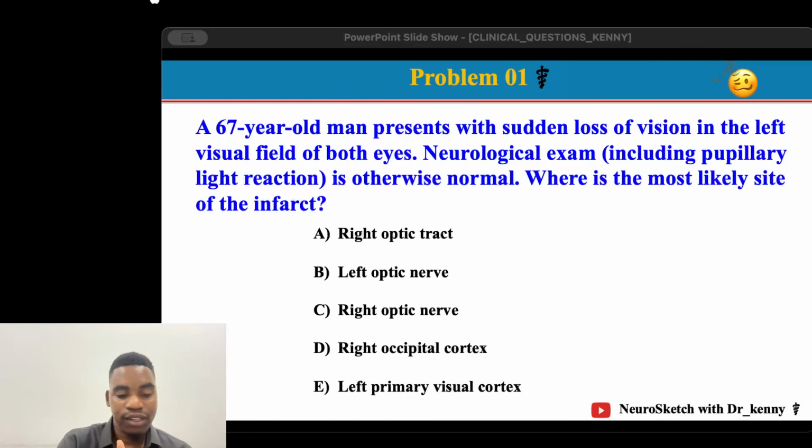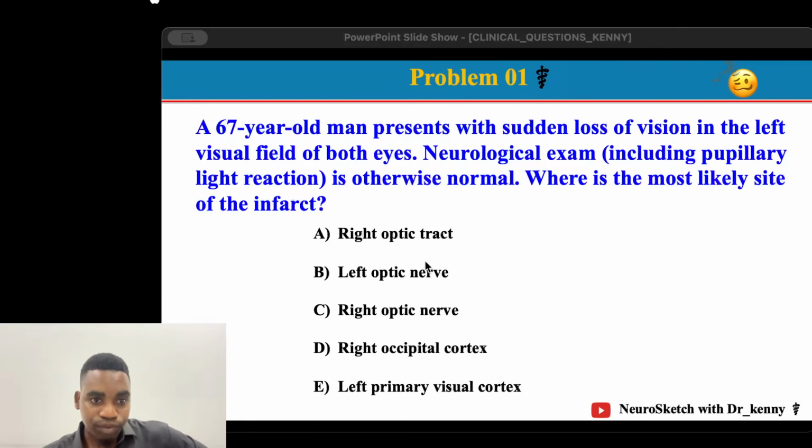Anything that touches the optic chiasm all the way to the visual cortex will have the symptoms in both eyes. So we have bilateral symptoms. Anything that occurs before the optic chiasm will have the symptoms localized in one eye. The symptoms will be confined to one eye.